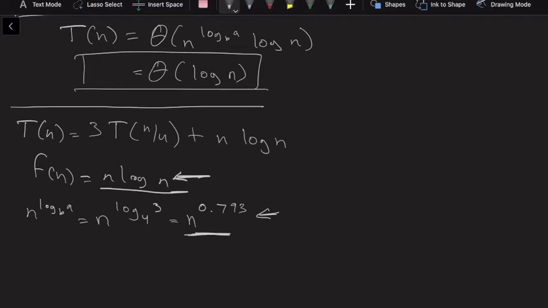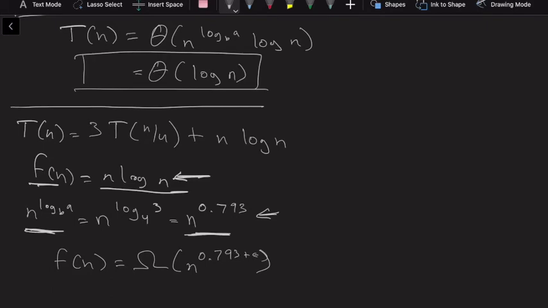So f(n) is lower bounded by n^0.793, and not only that, it's lower bounded by n to the 0.793 plus something. We could find a little epsilon that is positive and still below 1.